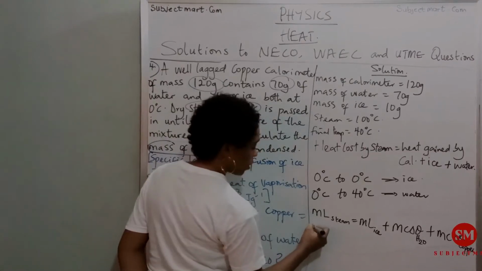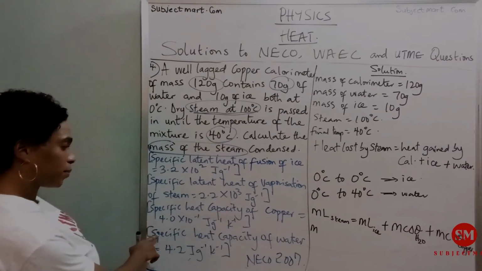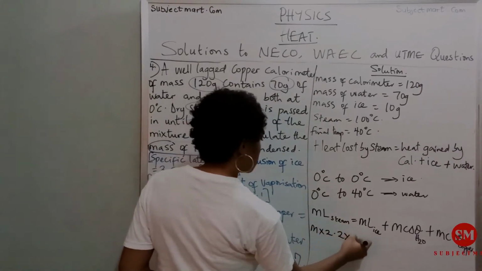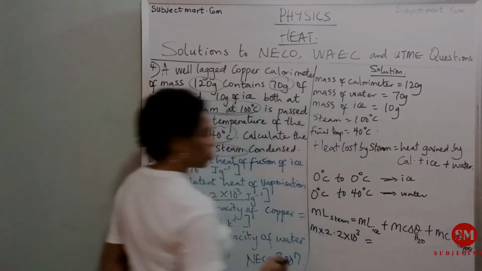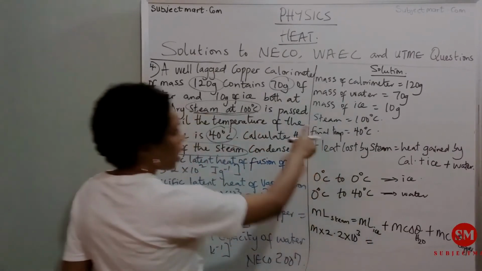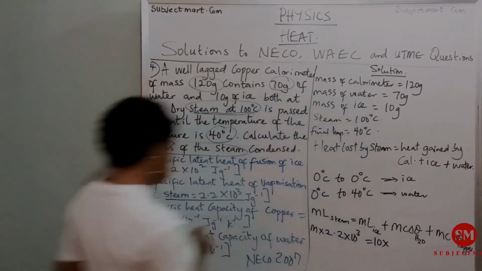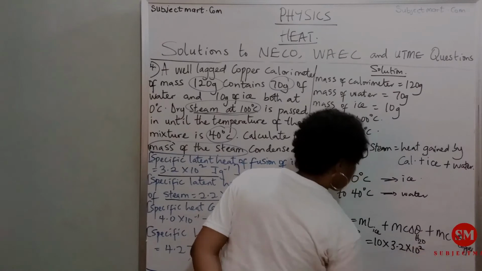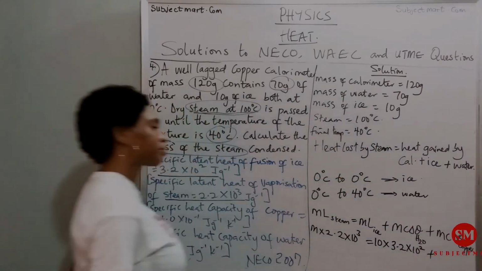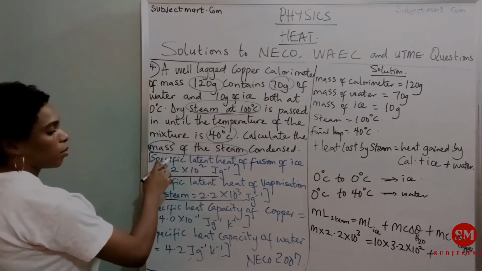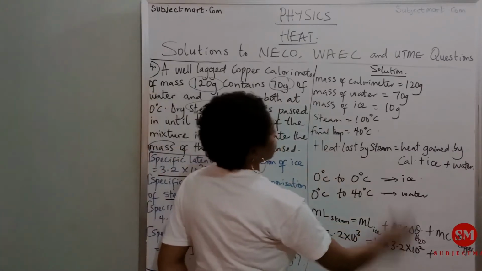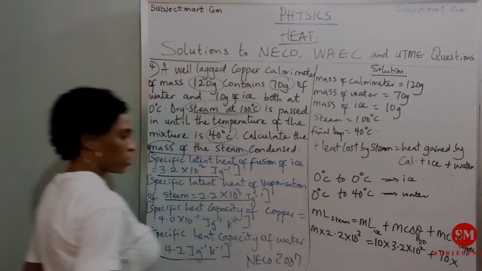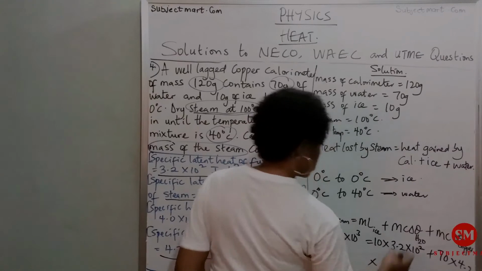So I'll go ahead and fix in my values. L, which is the specific latent heat of vaporization of steam, is given as 2.2 times 10 raised to power 3, times M, is equal to the mass of ice, which is given as 10 grams, times the latent heat of fusion of ice, given as 3.2 times 10 raised to the power 2, plus M of water, which is 70, times the specific heat capacity of water, given as 4.2, times the change in theta.